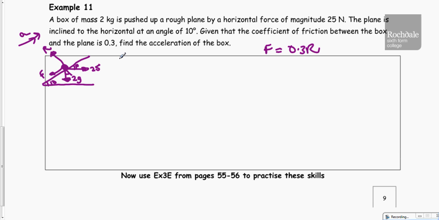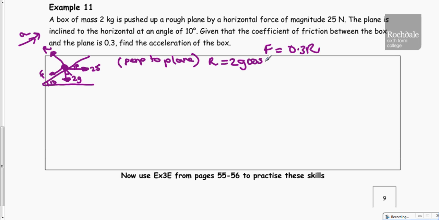So if we resolve, first of all, perpendicular to the plane, we know there's no motion vertically, so forces up will equal forces down. So up we have R, and that will be equal to both components of these two forces. So let's have a look. The 2g will be 2g cos 10 to get to the vertical.